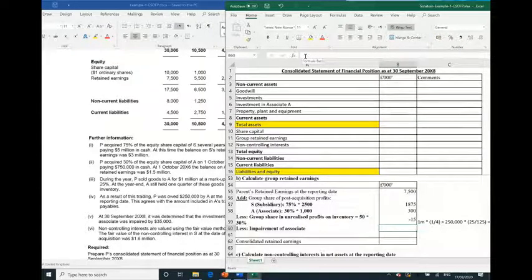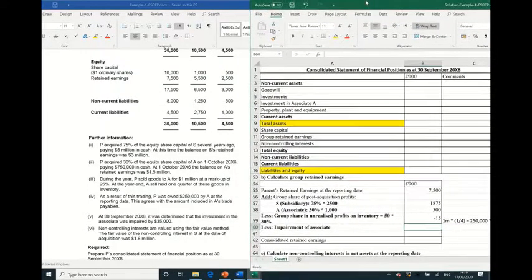And then we move to another item affecting the group retained earning, which is impairment of the associate. Impairment of the associate is given in item V. At 30th of September 2008, it was determined that investment in associate was impaired by 35,000. So 35,000 is the amount of the impairment, and this reduces the group retained earning, so minus 35.